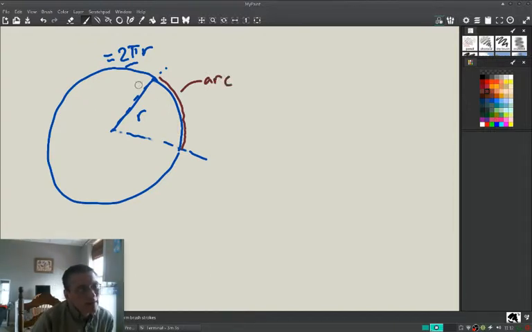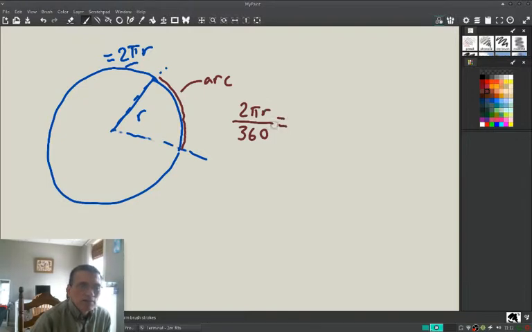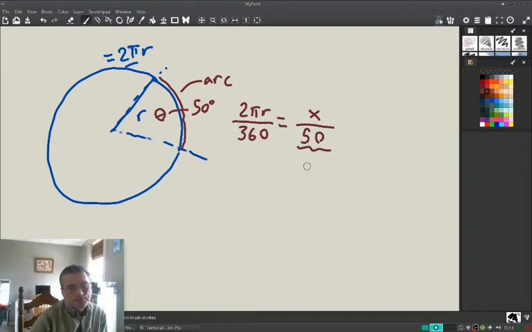We can get this length by finding the ratio of that to a circle. We know that if this was a 360 degree angle, it would be equal to 2 pi r. But it's not. It's an angle theta. Let's make it 50 degrees, and it's this length x. So these things have the same ratio. Where this 360 is down here, the length is 2 pi r. So we can solve this for x.